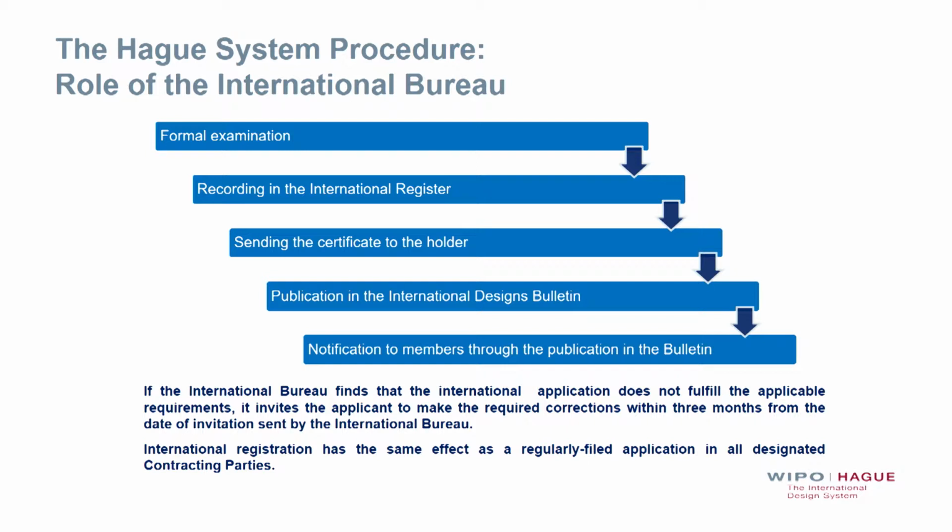If the decision is positive, we are recording it in the international register, sending the certificate of international registration to the holder, and publishing it in our bulletin, the official source of information. This publication de facto is the notification to the designated offices to start their internal procedures, if any.